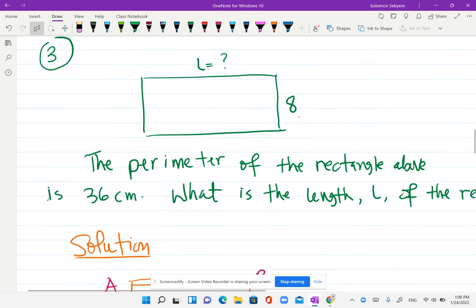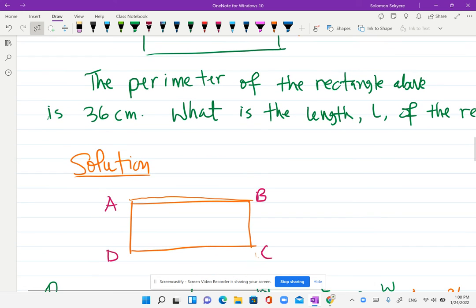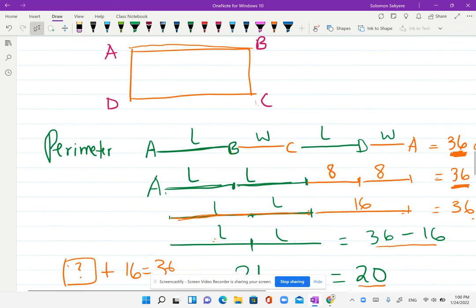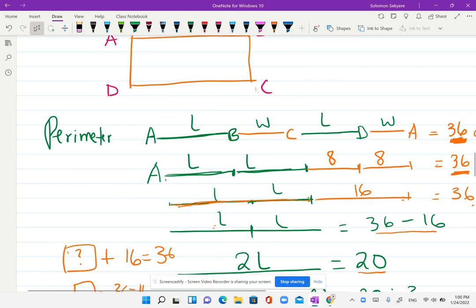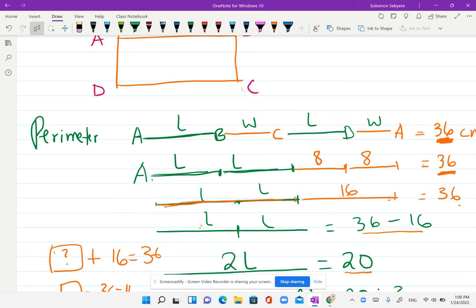You with me? Okay, so you go step by step, redraw it, and you realize the 2 widths, this right here, make up the 16. So we subtract from the perimeter because everything adds up to 36. The perimeter is what goes here, 36.